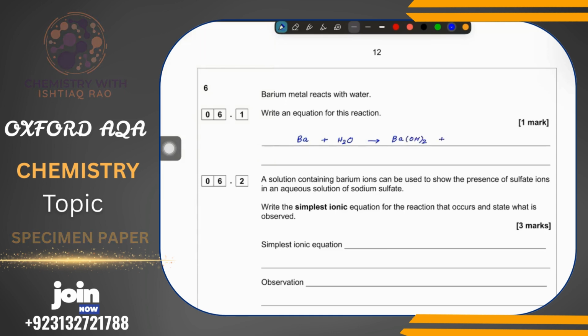Remember, if they give us hot water, then I would write barium oxide. This is an important point. You have to see the state symbol for water. Sometimes they give you water gas, water vapor. Sometimes they give you liquid water. If the state symbol is L, you form hydroxide. If the state symbol is G, that is gas, you form oxide.